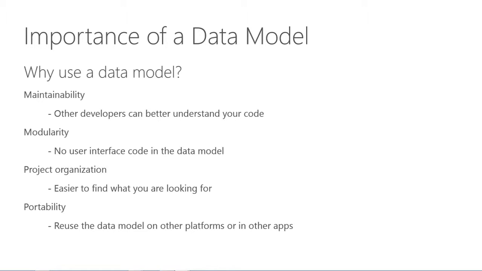The most important part from our perspective for this course is that by putting your data into a data model, it makes it more portable across Windows Phone and Windows 8, because you can leverage the APIs that are portable between those two, do it in one area, and then port that between Windows 8 and Windows Phone 8. We'll talk about how you do that later.